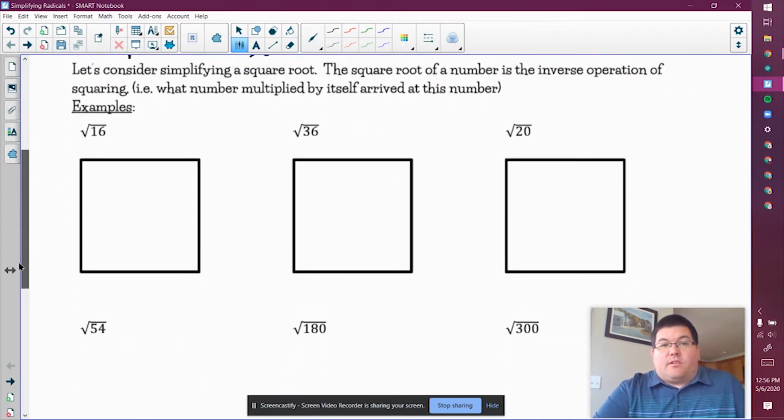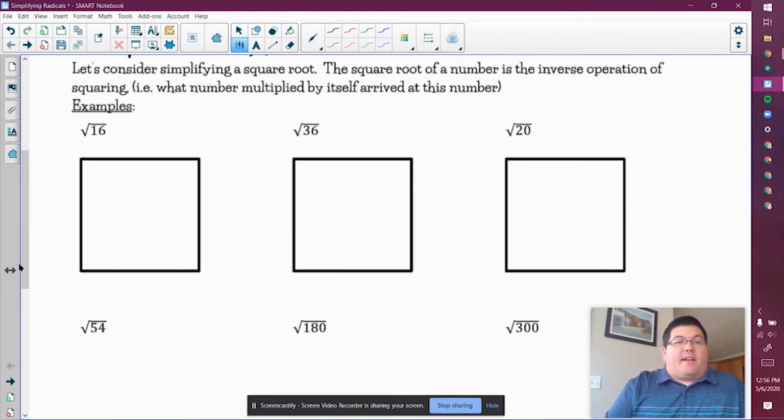When we first learned about multiplying numbers way back in elementary school, they showed us this box, right? The box method. Finding the area, multiplying a length times a width to get ourselves an area, right? And in this example, finding the square root of 16, really what that means is that the area of this box was 16.